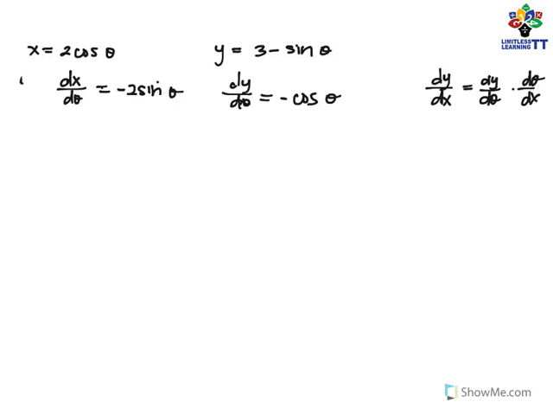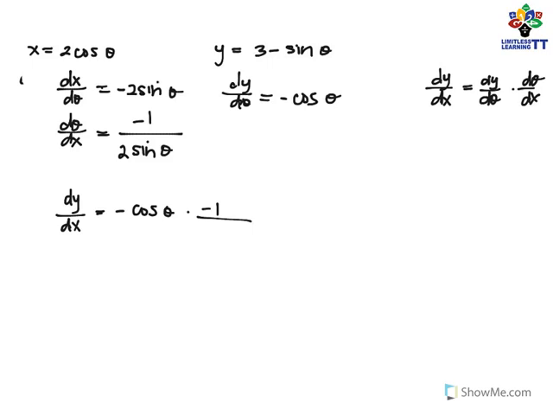Right, so now I have dx/d theta, but I need to know what is d theta/dx, which would just be the reciprocal, or negative 1 over 2 sine of theta. And I'm going to multiply those two together to give me dy/dx. So dy/dx is going to be equal to dy/d theta, which is minus cos of theta, multiplied by d theta/dx, which is negative 1 over 2 sine of theta.